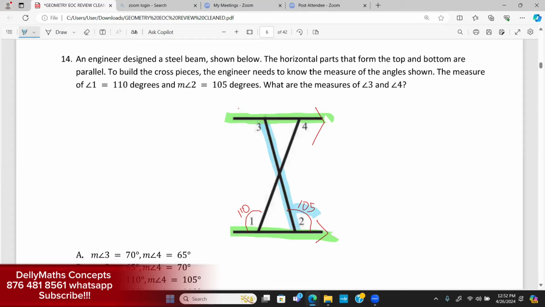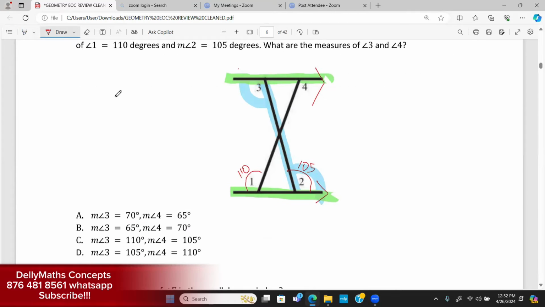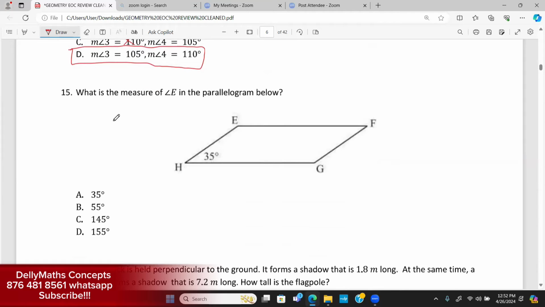So this angle here is going to equal this angle here. Alternate angles are equal. We call them Z angles. So already angle 3 must be 105. So this is wrong, this is wrong, this is wrong. This is the only answer then. When I see one unique idea that I need already, I'm not even going to check the next one. The fact that angle 3 should be 105, and I'm only seeing one angle 3 at 105, B is the answer, and I'm going to the next question.